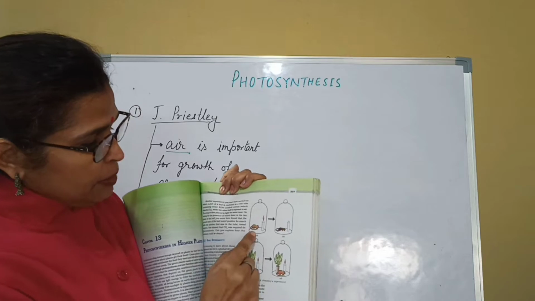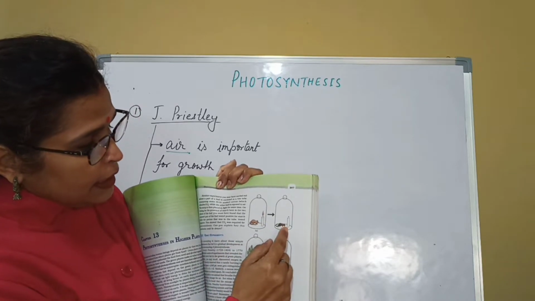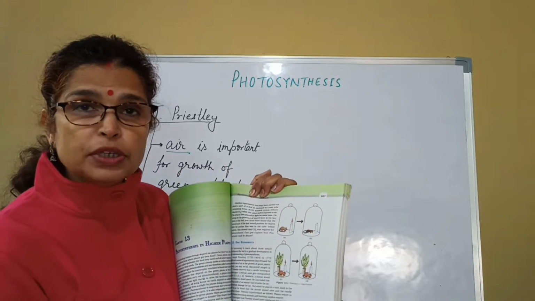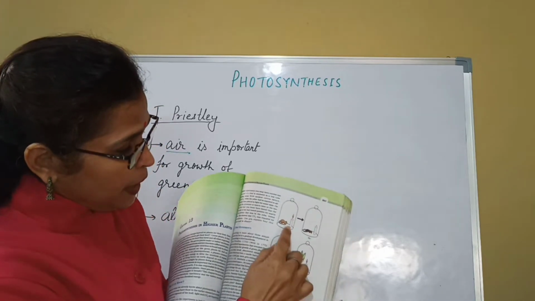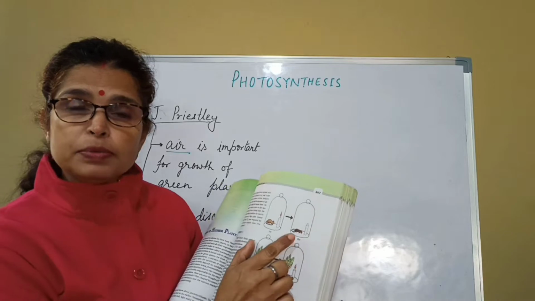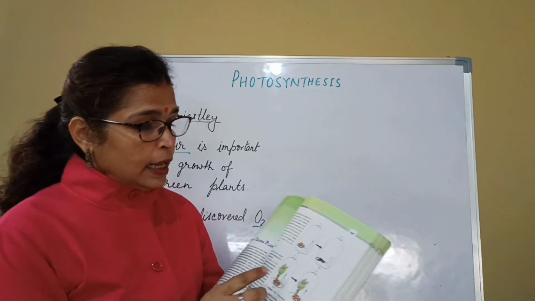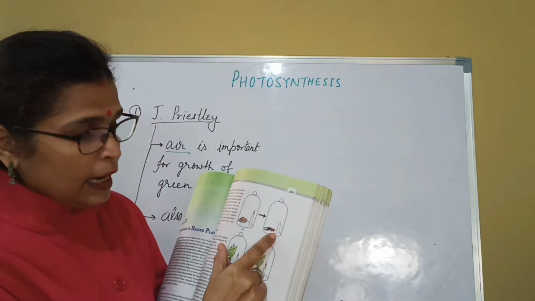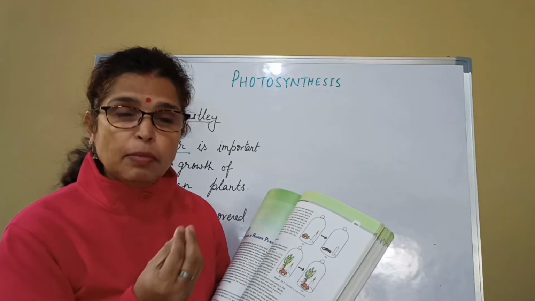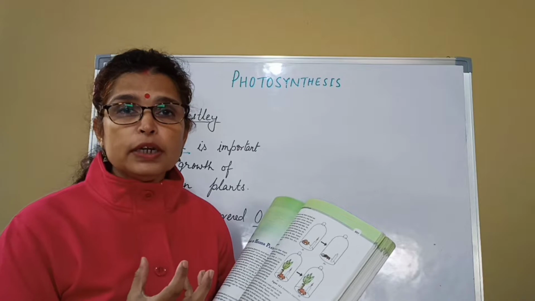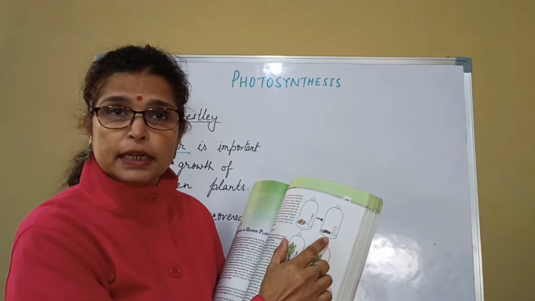Why a bell jar? Because this experiment was conducted in a closed space. After some time, he observed that the burning candle was extinguished and the mouse also suffocated. So by seeing this, he concluded that the burning candle and the mouse somehow degrade the quality of air inside the bell jar.